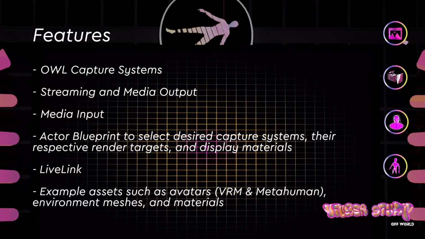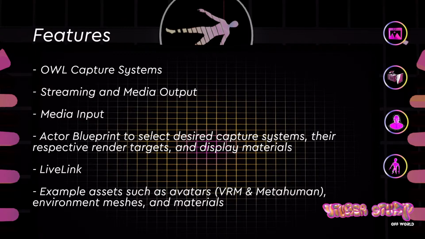We've also got different streaming and media output options, allowing you to stream to RTMP, to platforms such as Twitch, YouTube, Bilibili, as well as media output, allowing you to save to file and record as an MP4.